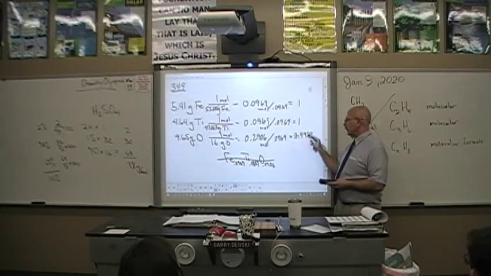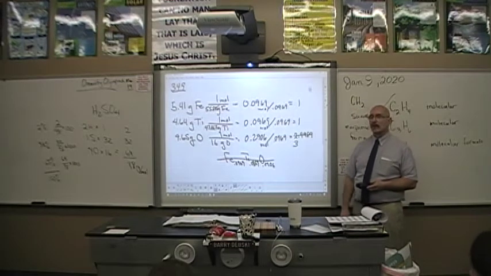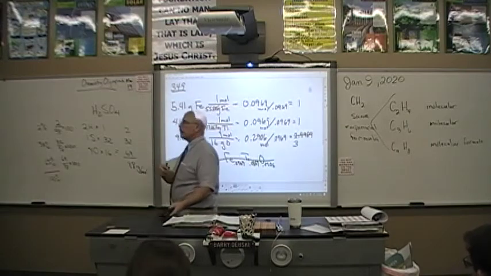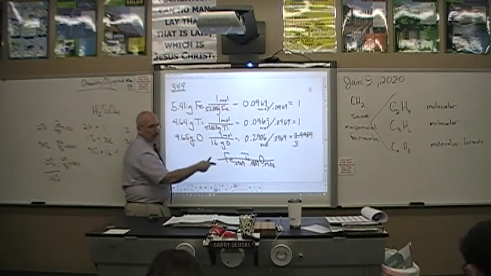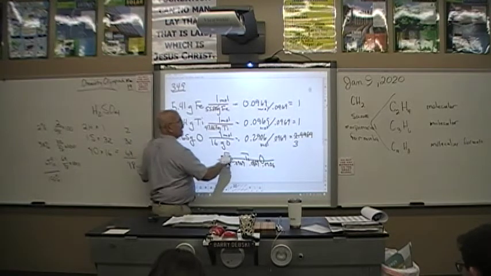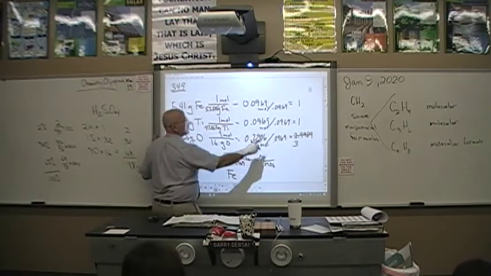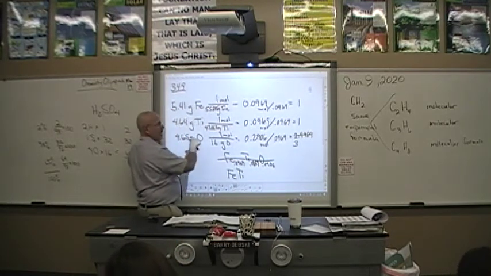So we're going to call this 3. So the ratio, since I've divided all 3 numbers by exactly the same number, the ratio has not changed. The proportion has not changed. So my final answer here for my empirical formula is Fe, one of them, I don't need to write the 1, Ti, one of them, O, 3.